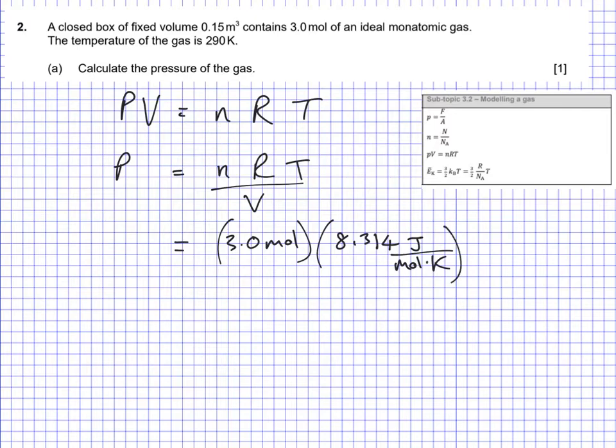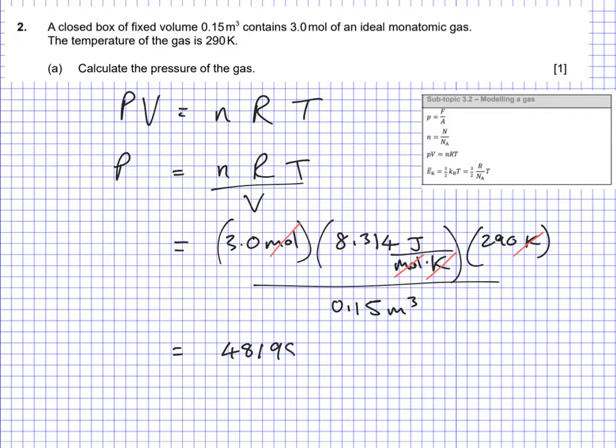And then temperature 290 Kelvin, all divided by the volume, which is 0.15 meters cubed. So we can keep track of all of our units. So we can cancel the moles here, obviously, and we can cancel the Kelvin.